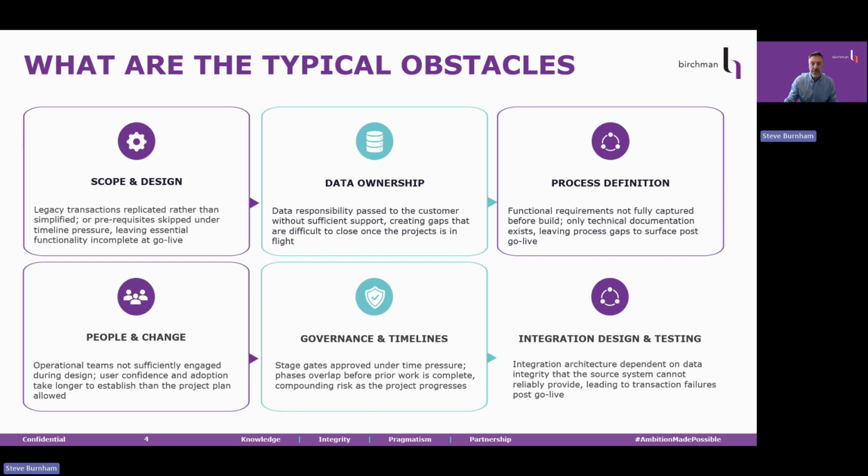In struggling programs, most of these were compressed or skipped under timeline pressure. So when the system goes live, the business has not been brought along, user confidence is low, adoption stalls, and manual workarounds become entrenched.